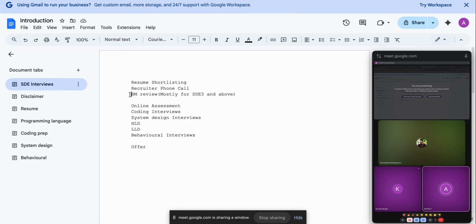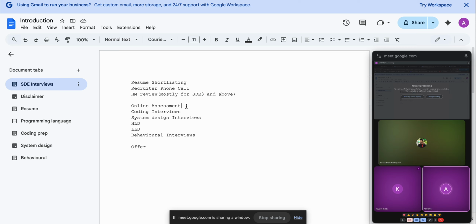Further, they'll share the resume with the hiring manager. This is mostly for SD3 and above. For SD2 and below, you might be directly shortlisted for the interview rounds. But for SD3 and above, the HM needs to select the profile as well, right?